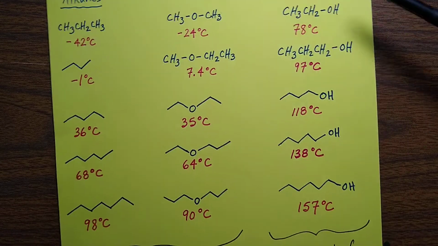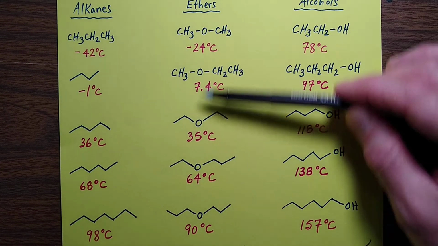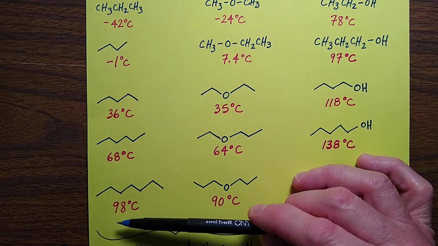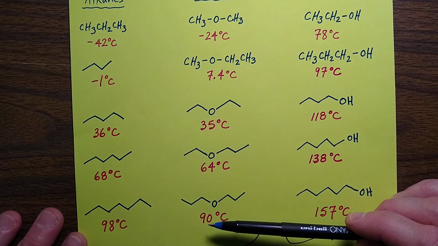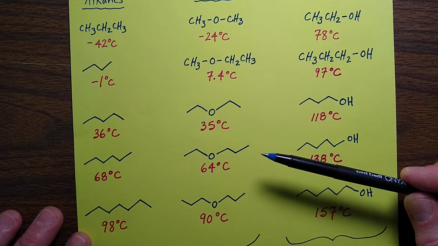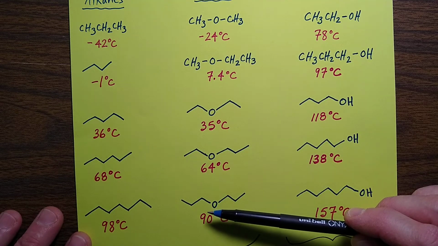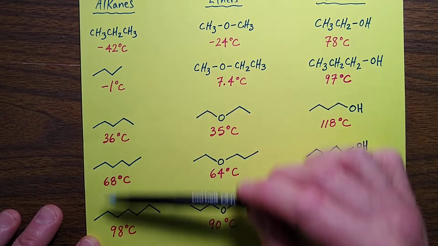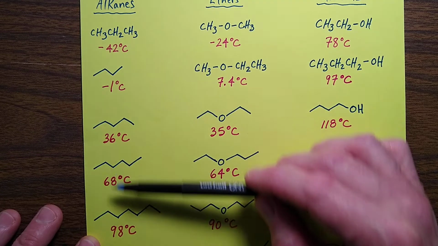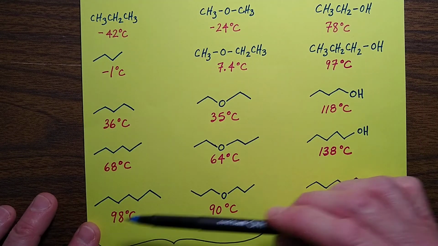Notice that the boiling points of all these substances generally go up within the group as you get larger and larger. That's because as the molecules get larger and larger, as I've said many times, the dispersion forces and the dipole-dipole forces get stronger and stronger, so these molecules are more attracted to each other than these, so the boiling point goes up.